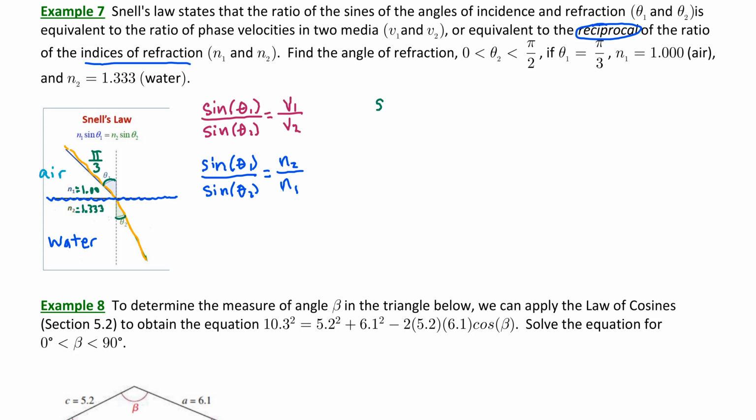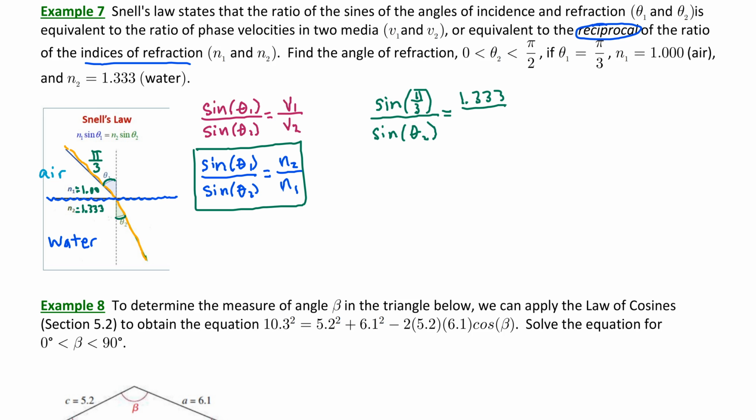Therefore, we can use Snell's law as it's stated with the indices of refraction: sine of theta 1, given to be pi over 3, divided by sine of theta 2, that's unknown. We're going to solve for that. This is equal to n sub 2, 1.333, divided by n sub 1, 1.000.